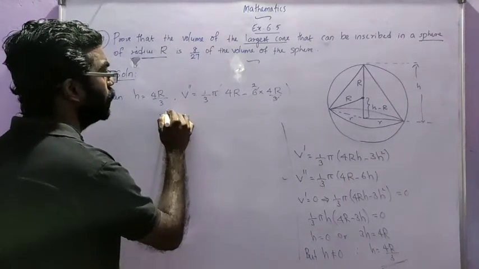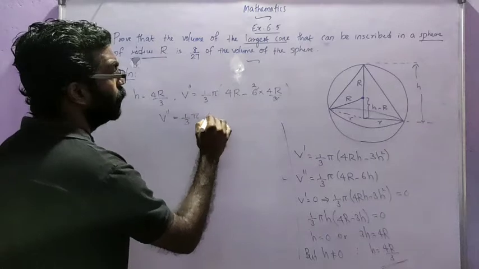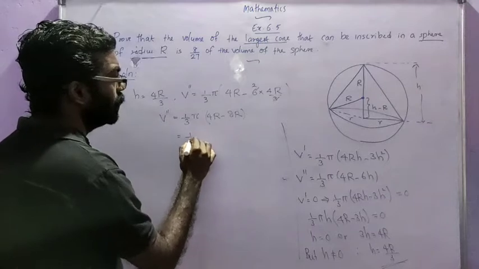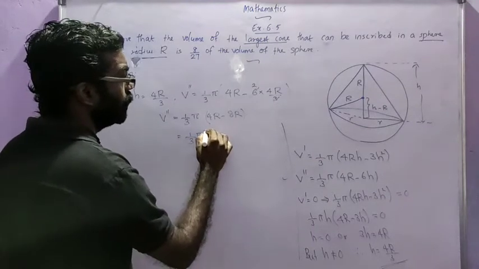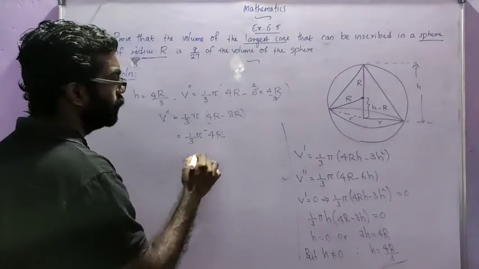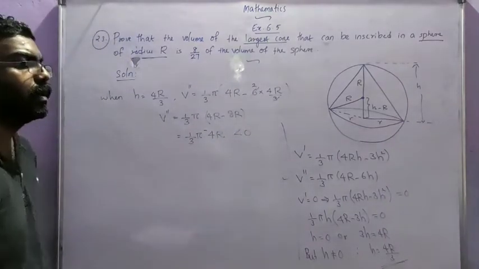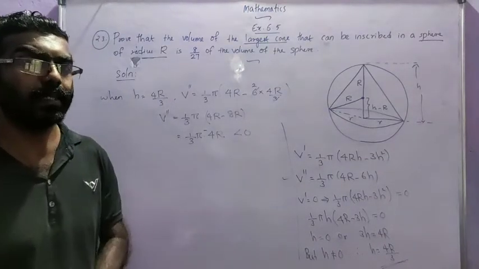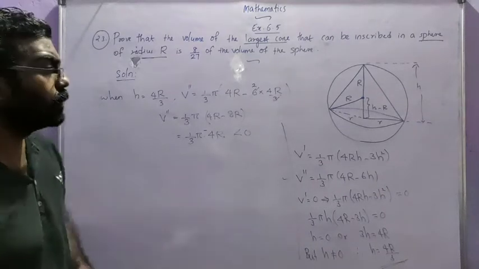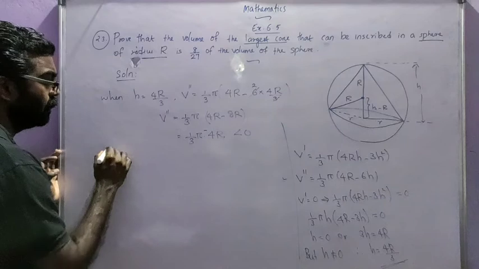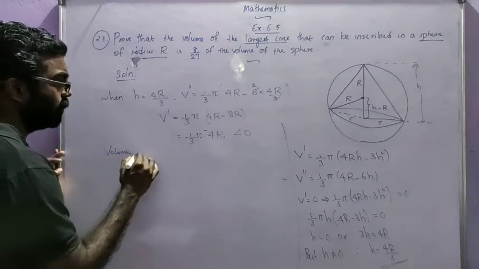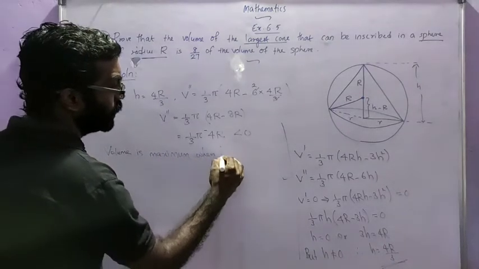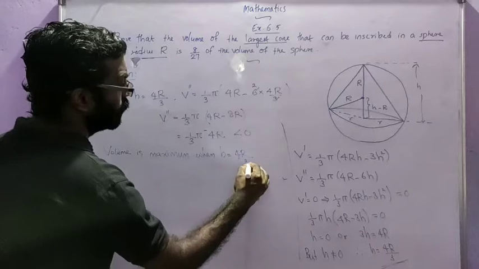So V double dash equal to 1 by 3 pi into (4R minus 8R). That is 1 by 3 pi into minus 4R, which is less than 0. Less than 0 means maximum. By second derivative test, the function attains its maximum at the critical point. So what we can conclude? Volume is maximum when h is equal to 4R by 3.